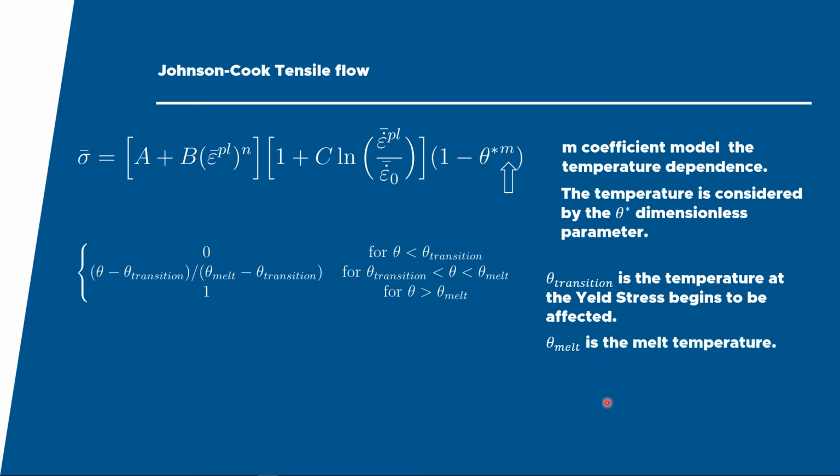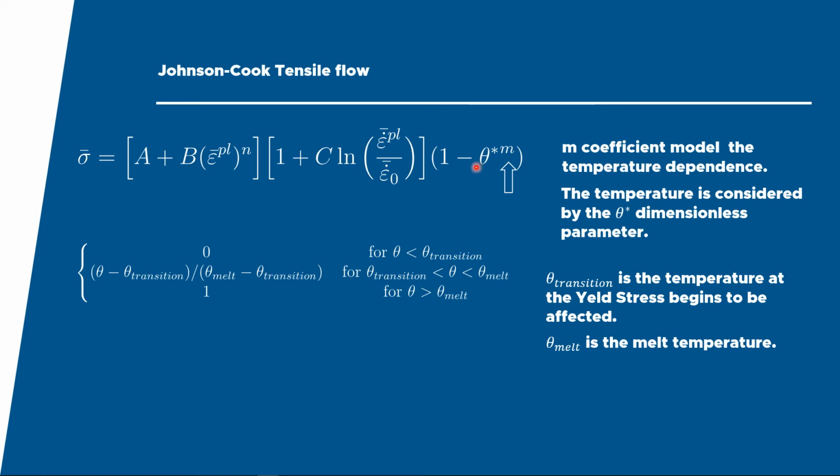We also have the theta melt, that is the melt temperature. No problems about that. If the temperature in the body is bigger than theta melt, as we can see here, the theta star goes to 1.